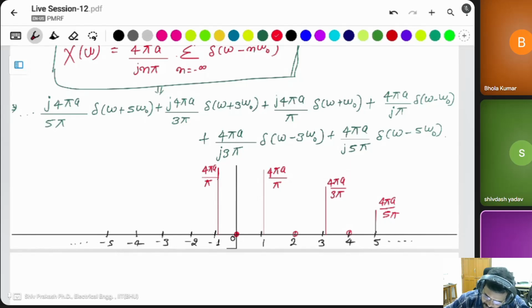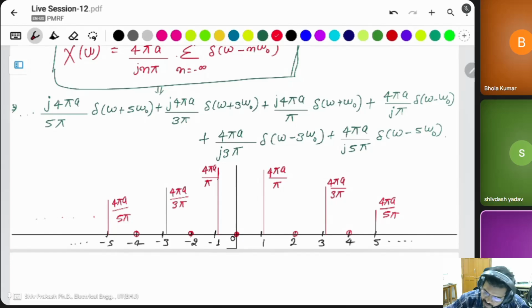Then at minus 2 the value is 0. After that, at minus 3, the magnitude of this one will be 4 pi a divided by 3 pi. The fourth one is 0, even function. The next one is 4 pi a divided by a 5 pi.